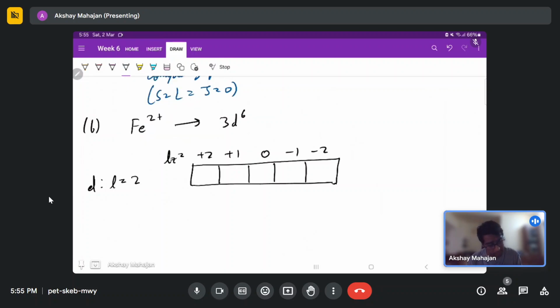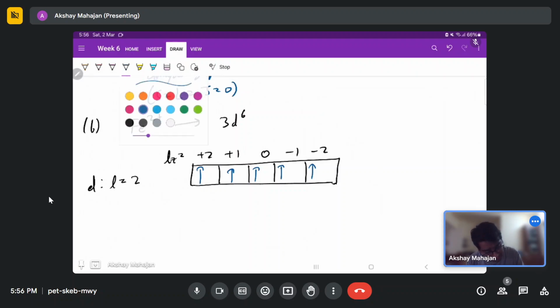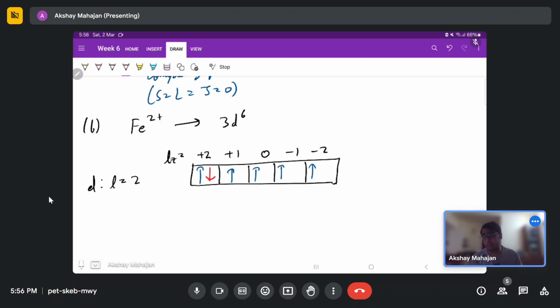We will follow Hund's rules. First we follow rule number 1 to maximize the value of capital S. We can fill the 5 spin up. Now for spin down, wherever we put it the capital S value doesn't change, so we go to rule number 2, maximize the value of capital L. And to maximize the value of capital L, we will start filling from the maximum value of Lz, because capital L is the summation over these Lz values. So I will put my spin down electron here.